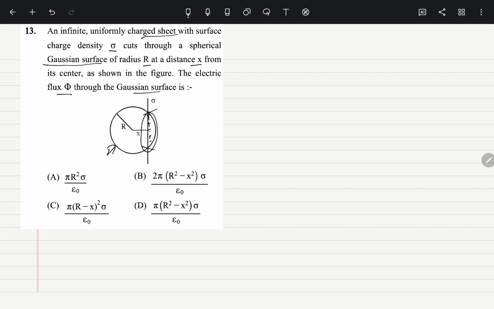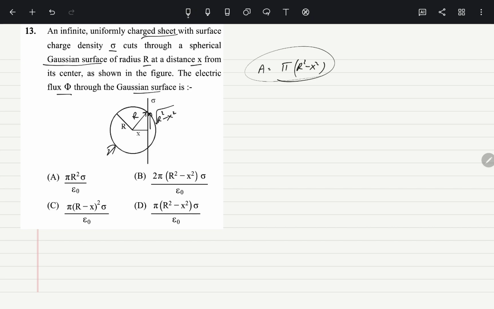If we cut a sphere at any point, we get a circular shape only. So we just need to find the radius of this circular face. So this is r, this is h, so this will be r square minus h square. So the radius of that circular face is root over r square minus h square. So what is the area?